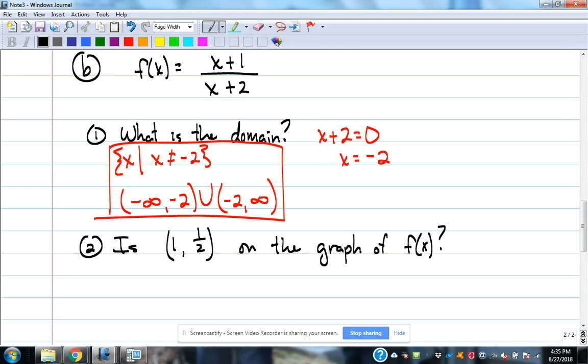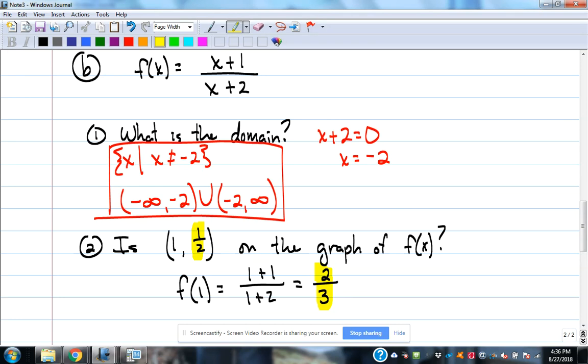Can I figure out what f of 1 is from the equation? I can just go, oh, f of 1 just means take 1 and plug it in and work that out. So that's 2 over 3. But that's not 1/2. So what does that mean about the point (1, 1/2)? Is it on the graph of f of x?